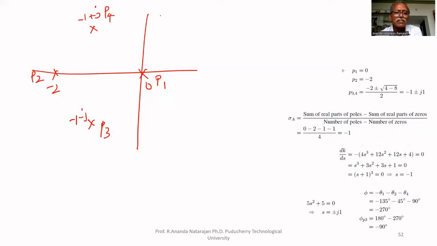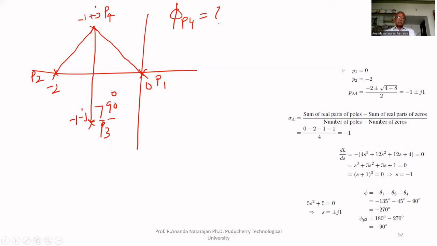Let us find the angle of departure from P4. We have to find the angles made by the lines joining all these points. Obviously this one is 90 degrees. This is 1 and this is also 1, therefore this is 45, and this angle is 135 degrees.